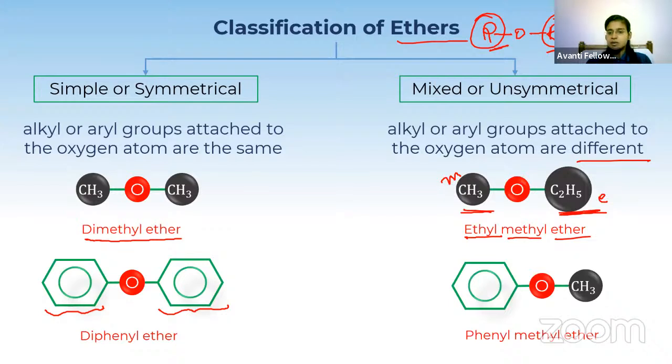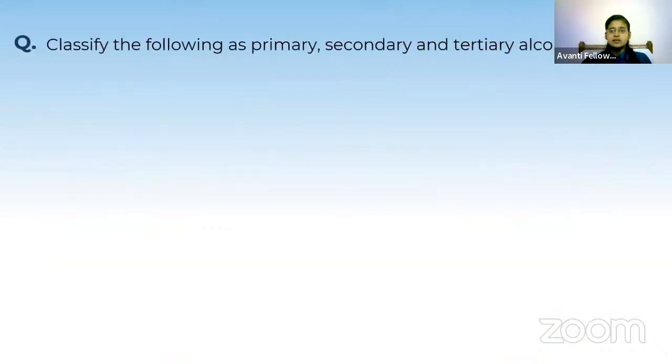In the second example, we have phenyl and methyl, so it is called phenyl methyl ether. This is an aromatic compound, so it is taken as first priority. So this is all about the classification.